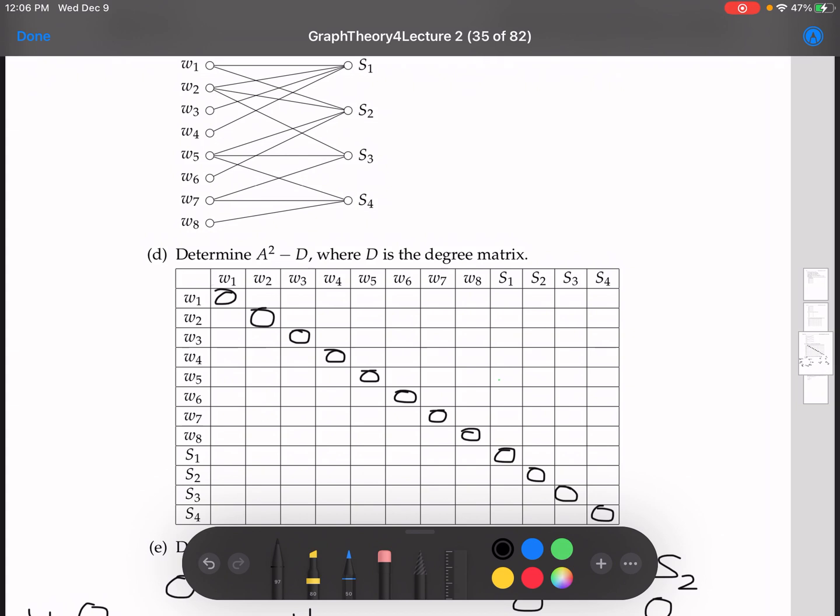Remember that each of the entries in A squared is the number of two-edge walks from one vertex to another. So let's start with this entry right here, the W1, W2 entry.